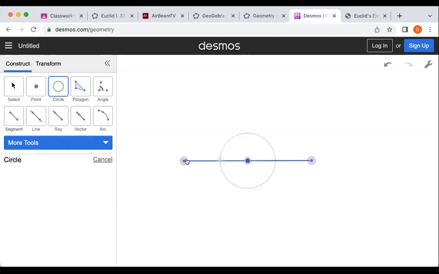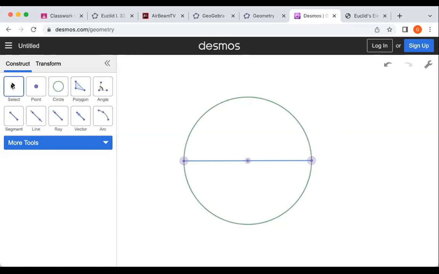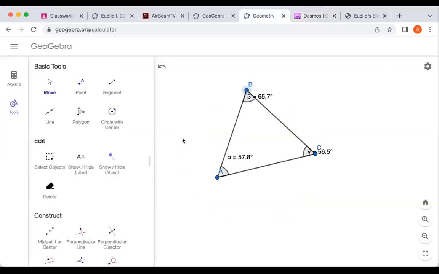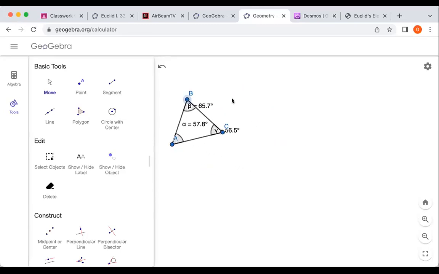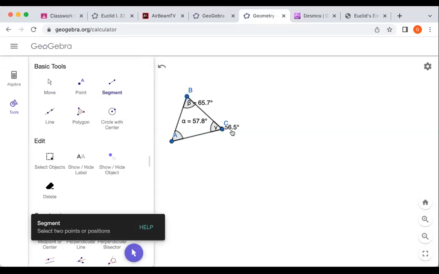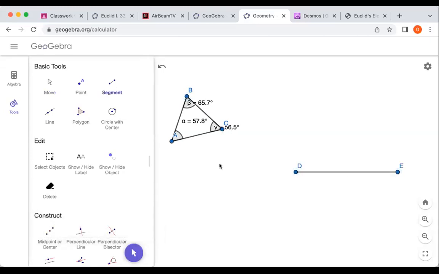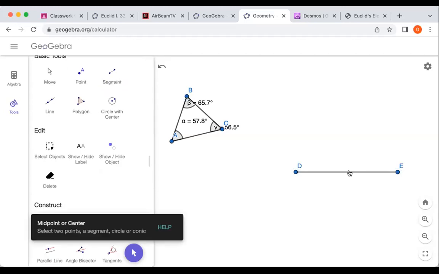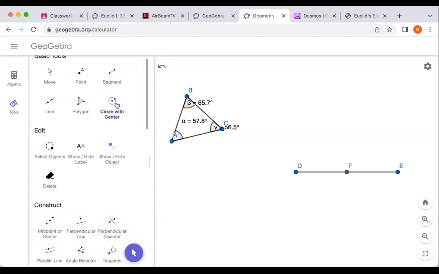Basically, that original line segment was a diameter. Oh, this doesn't zoom in and out. Desmos isn't that good. Here, let me go this way. Segment. Midpoint. Circle with center.